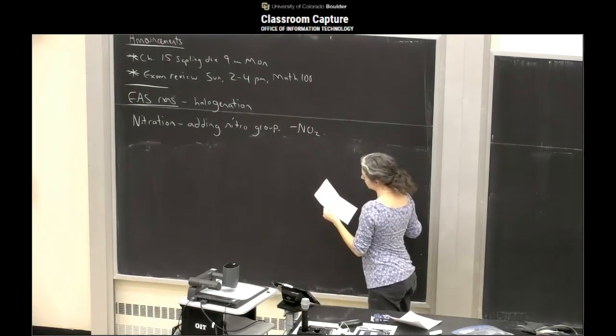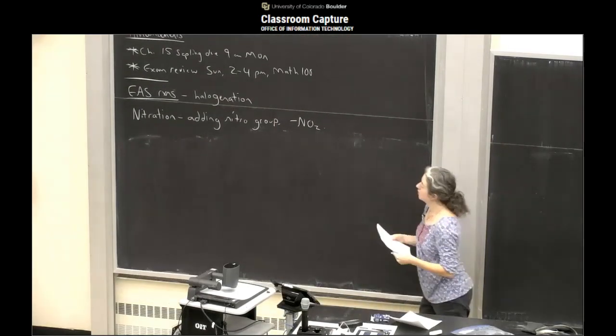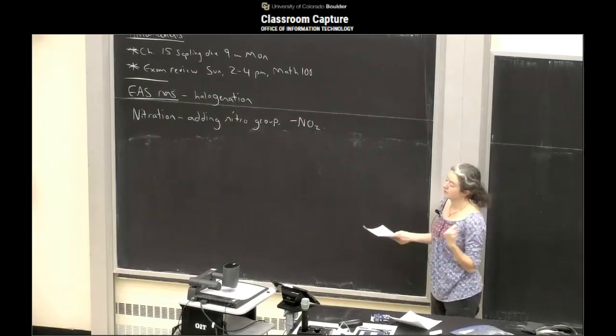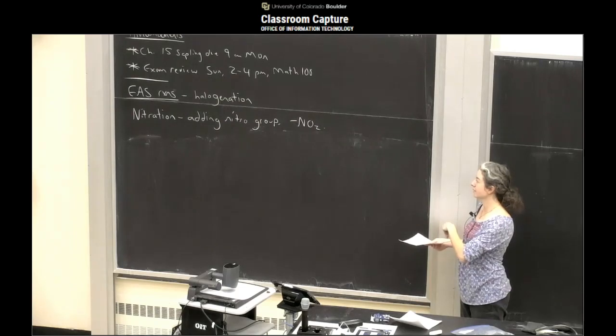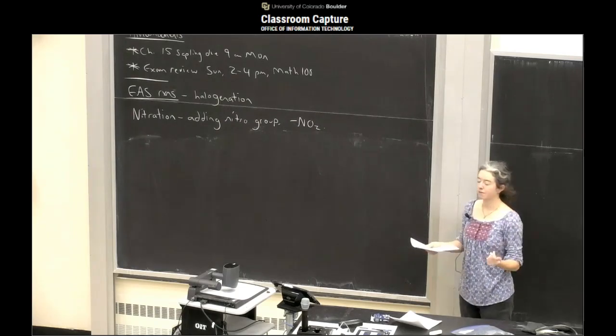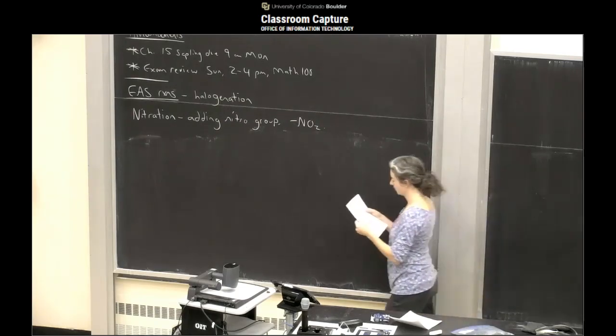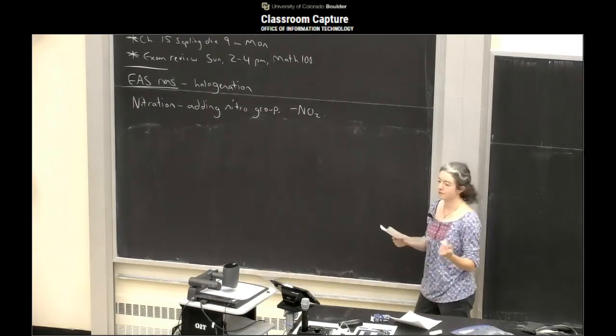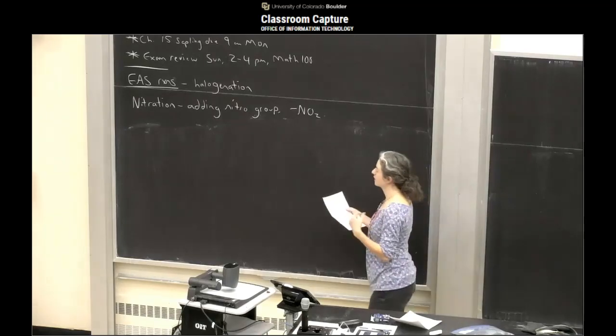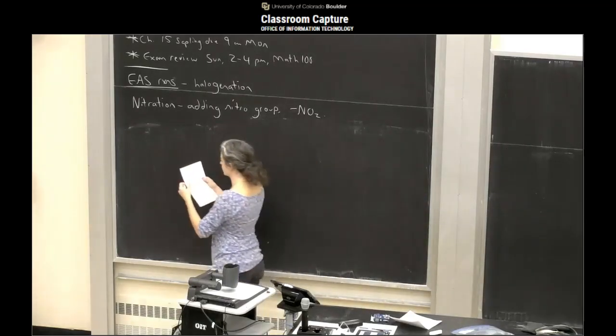As a reminder, the three steps that all EAS reactions have in common: you make an electrophile, then the ring attacks the electrophile, and then you pull a proton off of the ring to get aromaticity back. Making the electrophile is going to be a little more complicated here than it was in halogenation, but once we get that going, it's all the same steps.